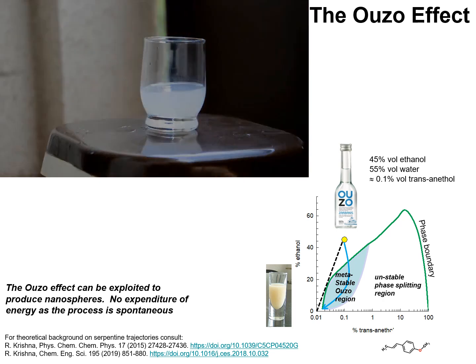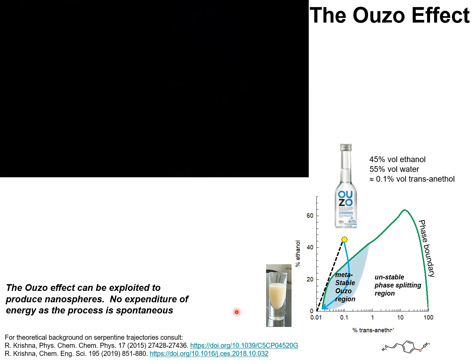The important point to note is that the metastable dispersion is generated spontaneously, and therefore spontaneous emulsification to produce say nanodroplets or nanospheres is also referred to as exploitation of the Ouzo effect.